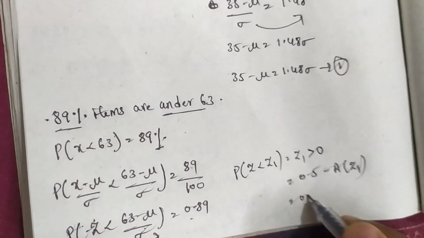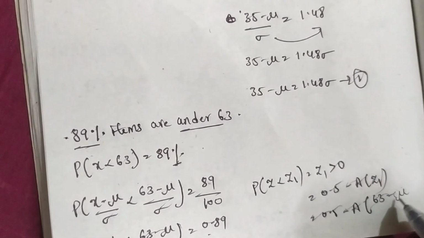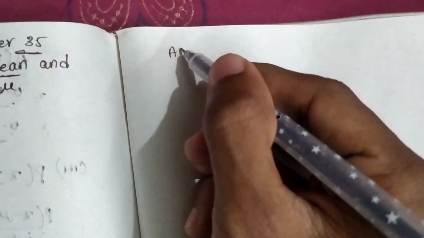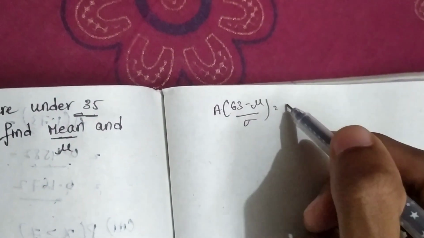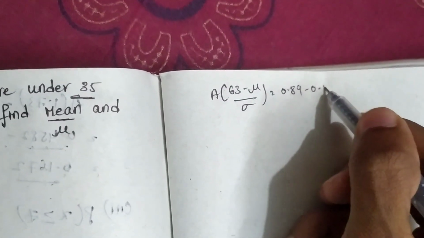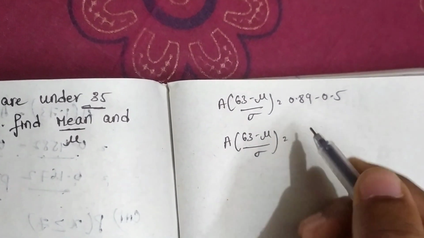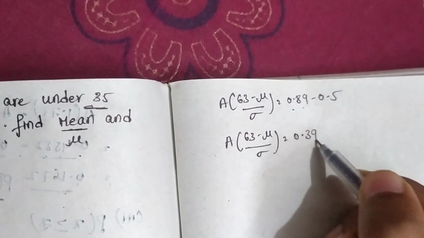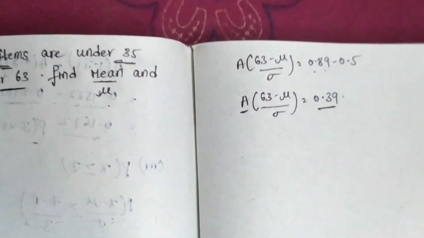Here A of z1 value, what we have, is (63 minus mu) by sigma, and the probability equals 0.89. So A of (63 minus mu) by sigma equals 0.89 minus 0.5. We get 0.39.